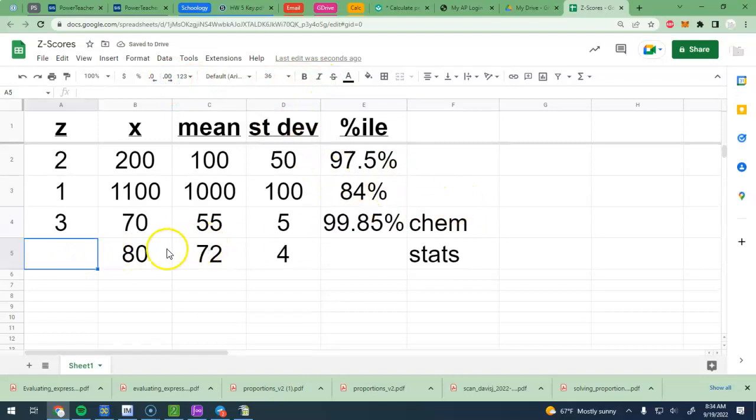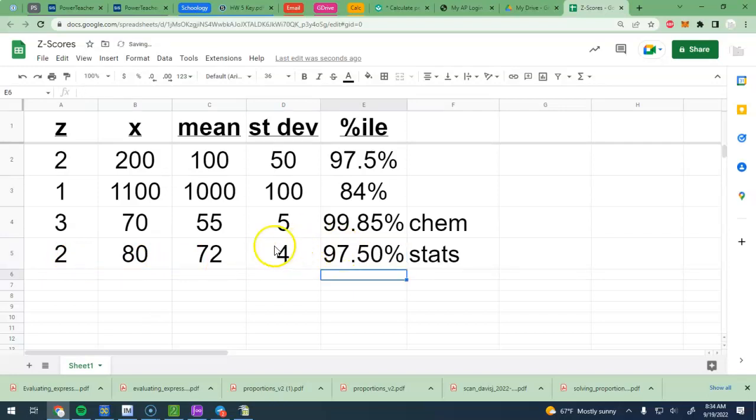And then for the stats test, 80 minus 72, so you did 8 points above the mean. Standard deviation is 4, so you did 2 standard deviations above the mean, which, you know, is garbage. It's only the 97.5th percentile. So you did relatively better on the chem test, actually. Even though your score was higher on stats, your percentile was higher on chem.